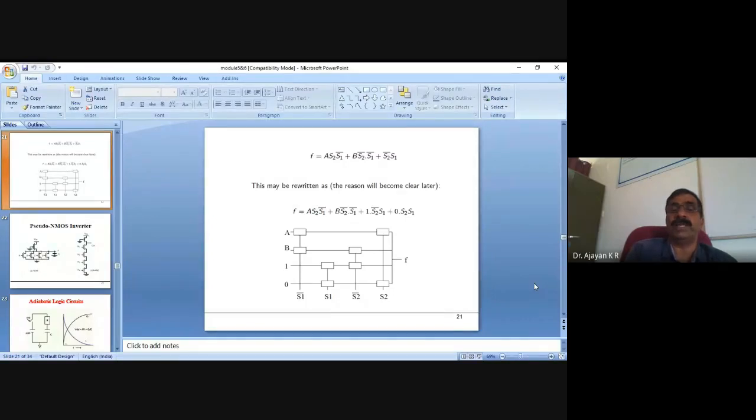If you are not providing a path for S1, S2, then if that condition arises, the previous state will remain. To avoid that, because if S1 S2 arises you have to discharge the capacitor, we are providing the fourth path that is driven by S1 and S2 and connected to 0. So this is a method that we normally adopt for the implementation of fast transistor logic.